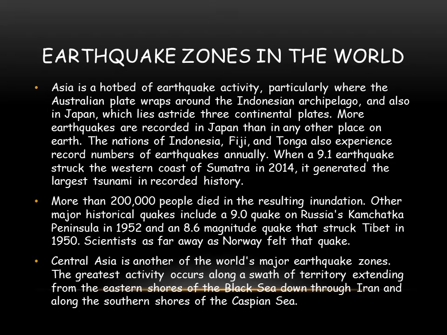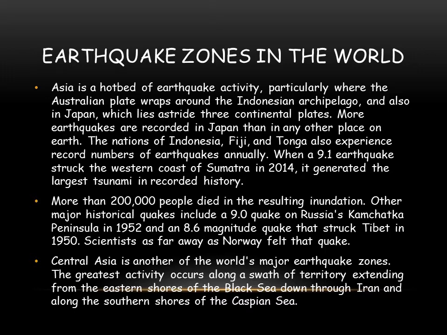Now on page number 24, there's a topic: earthquake zones in the world. Earthquakes usually occur at the boundaries of crustal plates and within areas with frequent volcanic activities. The areas with the highest frequency of earthquakes occur in the volcanic Pacific Ring of Fire zone around the Pacific Ocean, along the northern border of the Pacific Plate.